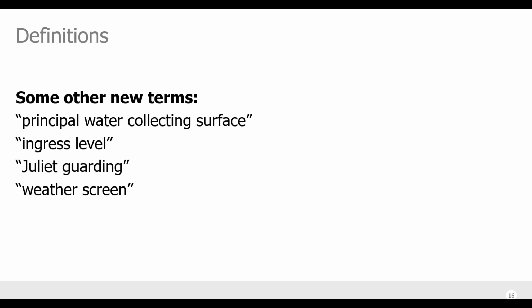Juliet guarding is another term that's introduced. This arose because of the use of Juliet balcony as common terminology, and we looked at what a Juliet balcony is, and it didn't really fulfill the terms of a balcony, and so the standard refers to a more accurate definition of the function of that entity and calls it a Juliet guarding. Weather screen, of course, is another term that's used in enclosed balconies. Next slide, please.